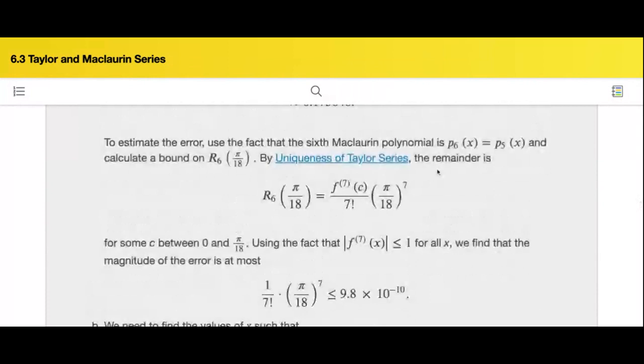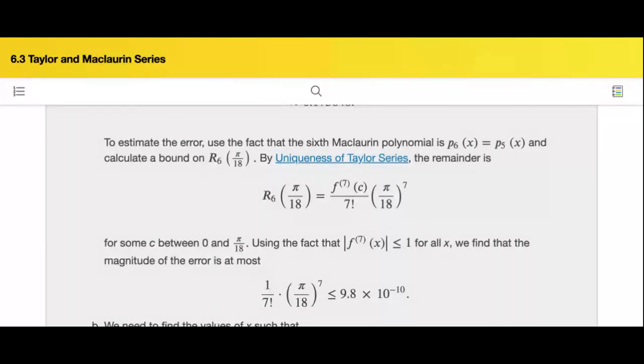So let me talk about this. This may not be put in the final exam, but maybe it's good to know. So the remainder, remember, is just R6 because we're taking 5th order, right? So R6 of pi over 18, just the 7th term, because the first term is a function value.